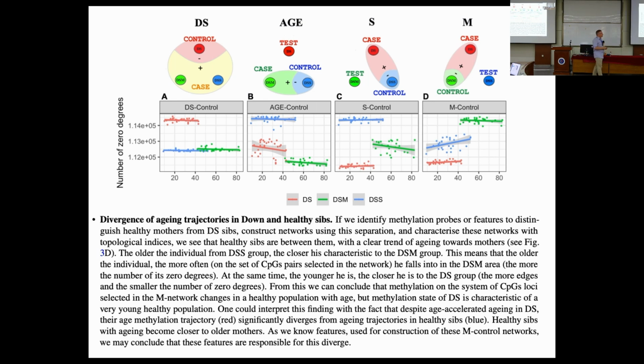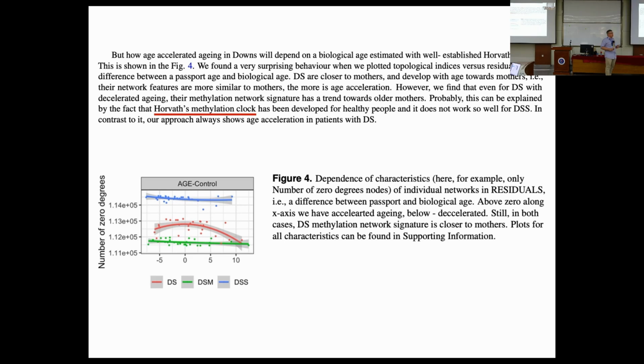Or, for example, one could analyze a so-called biological clock. So it's very important to measure the biological age of the organism. For example, some people with age 40 can have biological age 50. Some can have biological age 30.